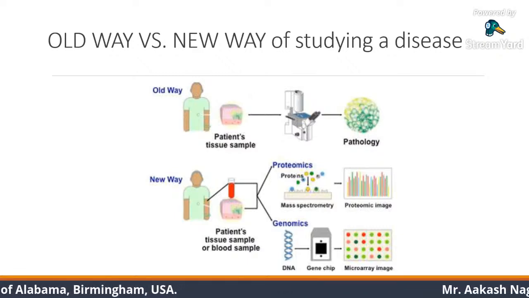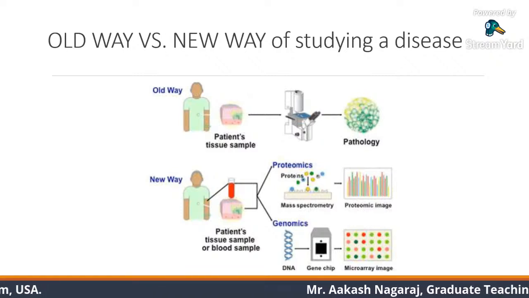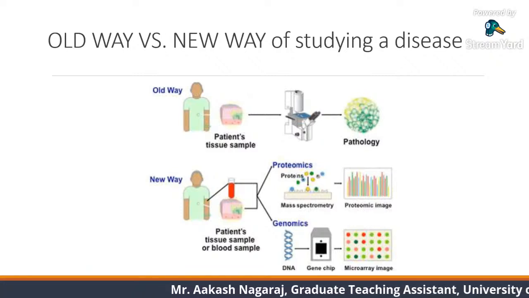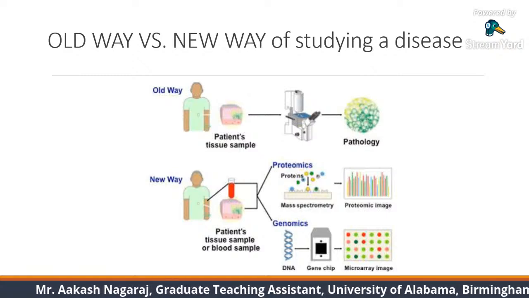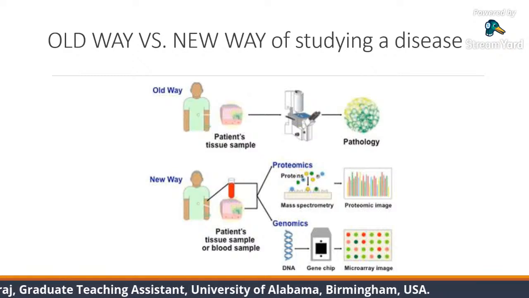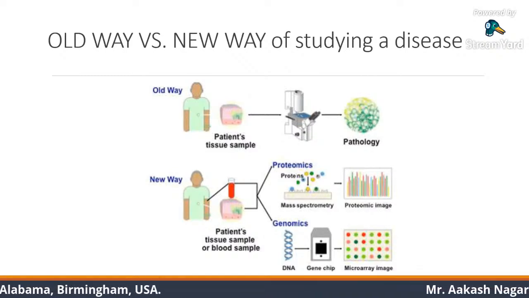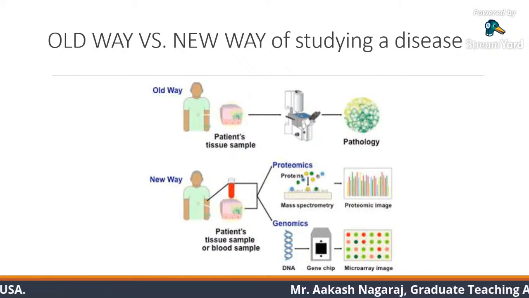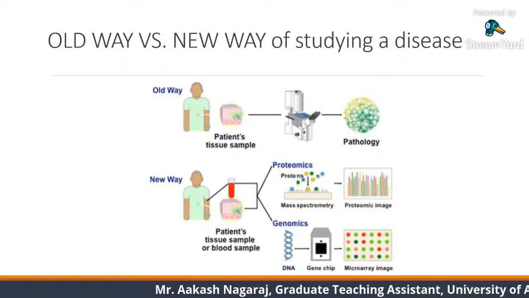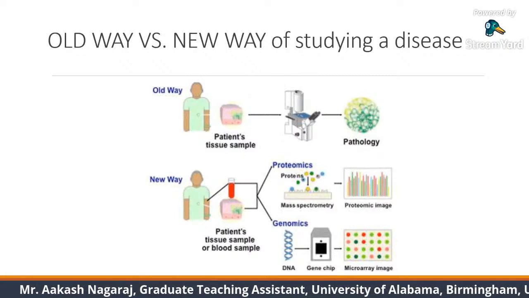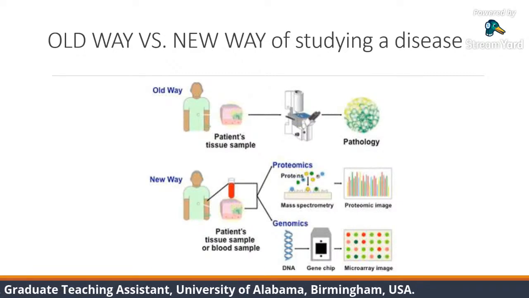So this image shows us two different ways of how scientists study disease and find out the causes of disease, and the next step would be to make drugs. The old way was just getting a sample and studying its pathology and causes.